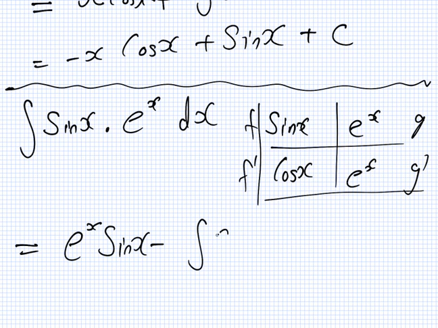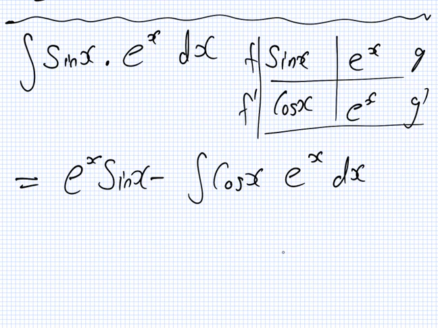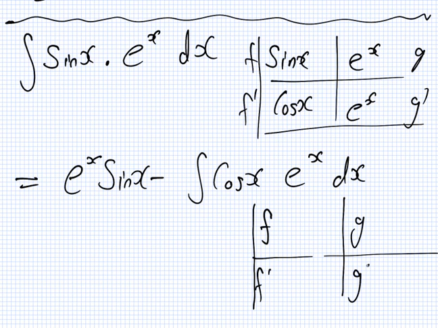minus f derivative g. Okay, so it seems like no big deal. We just have to use our table again, except on this piece at the back. So we try using our table again with the piece at the back. Oh yes, we'll see the problem now and then how to fix it. f, derivative, g, derivative.